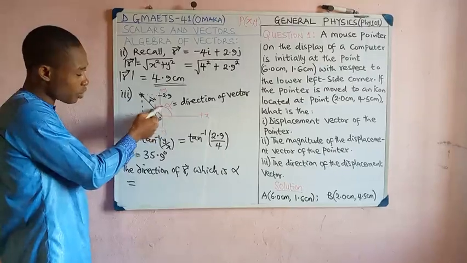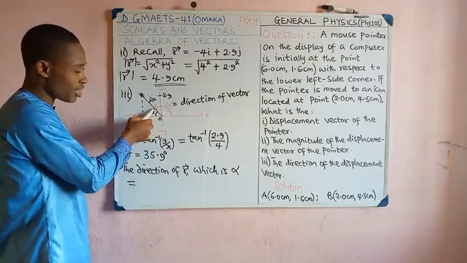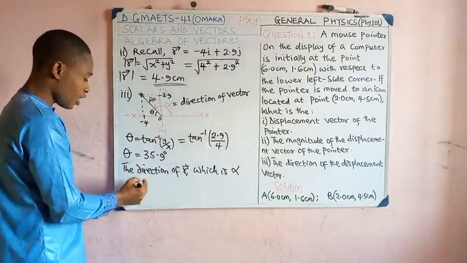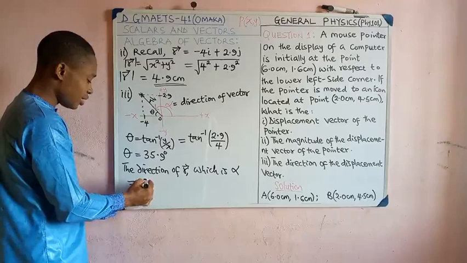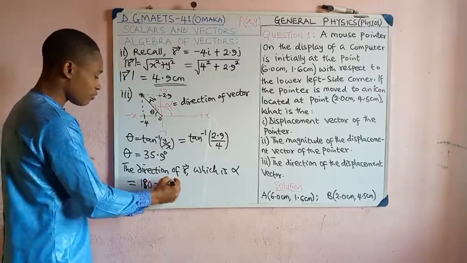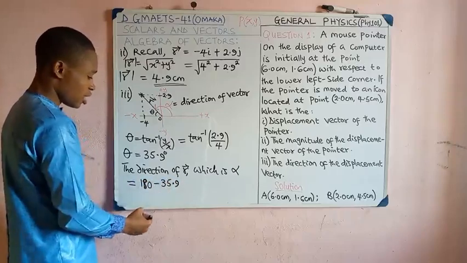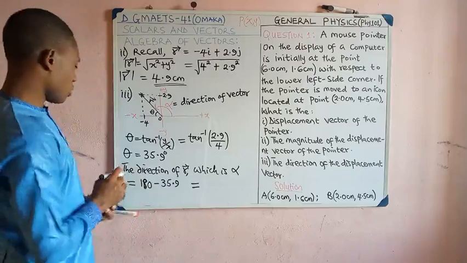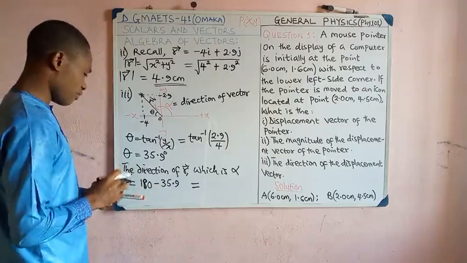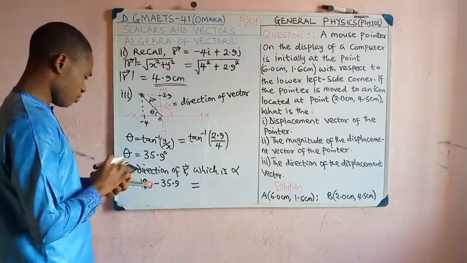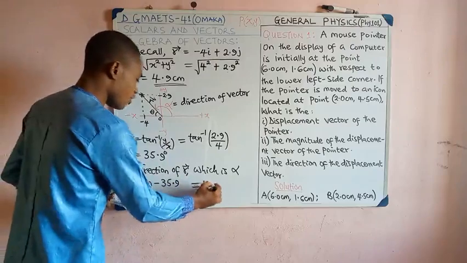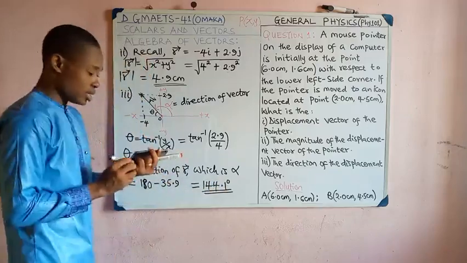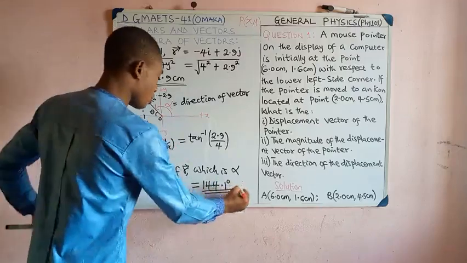You are left with just this portion from the positive x-axis down to the vector itself, which is alpha. So to get the value, it is going to be 180 degrees minus 35.9 degrees. If you do that, the direction is now equal to 144.1 degrees. So this is the direction of the displacement vector.